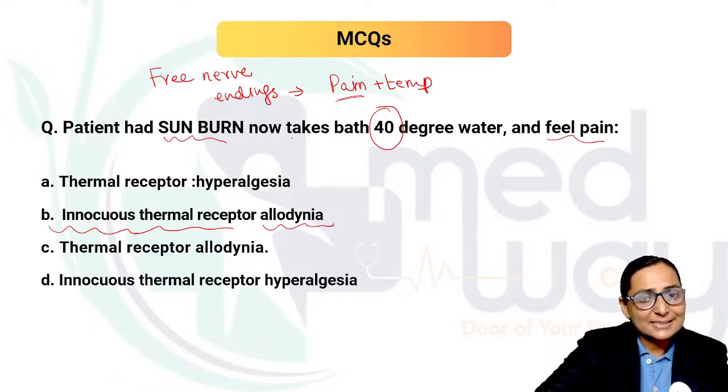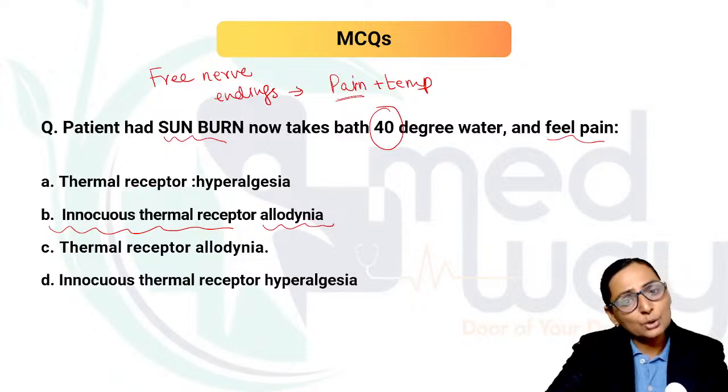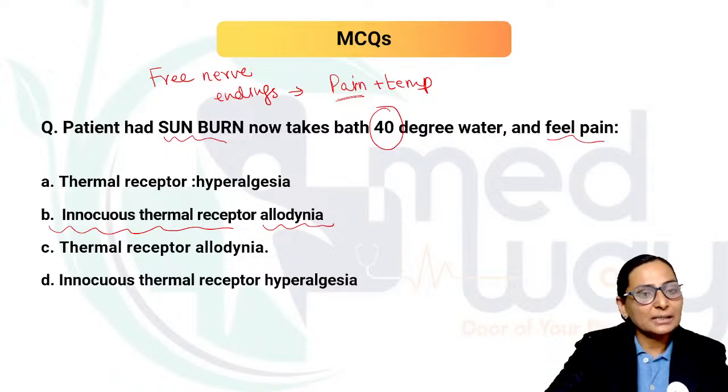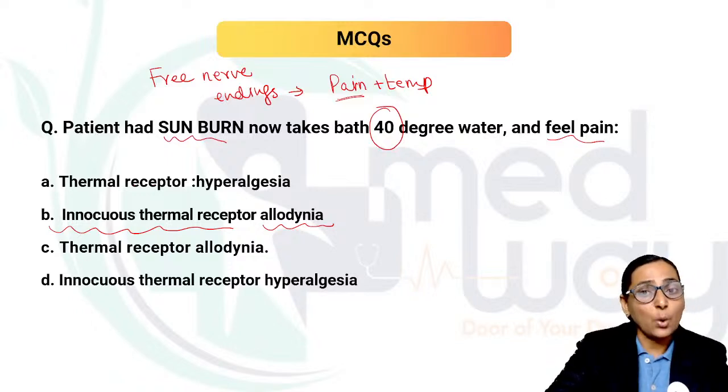So this sunburn and 40-degree bath is allodynia. And what is allodynia? It is pain even to a non-painful stimulus because it gets activated because of the other receptors. So sunburn, and after sunburn, a bath with hot water is going to exaggerate pain, right?